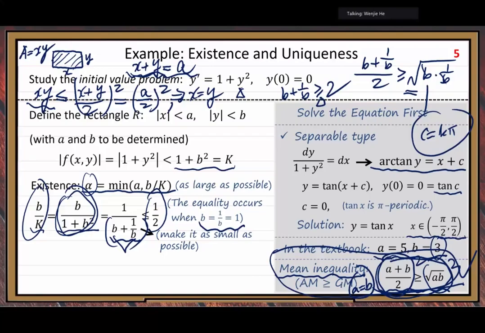When you make the square shape, you get the largest possible area. That's what this inequality tells you.